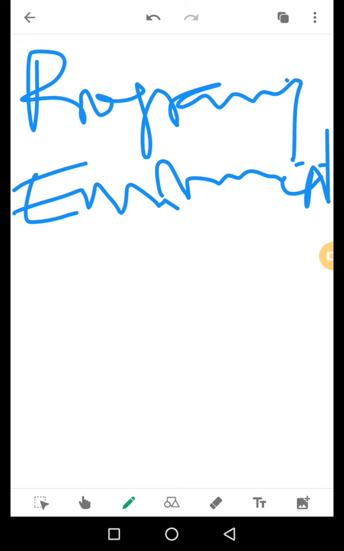Then the workbench is the bench on which the furniture maker or the carpenter will be doing his work. So I think you have gotten it now.